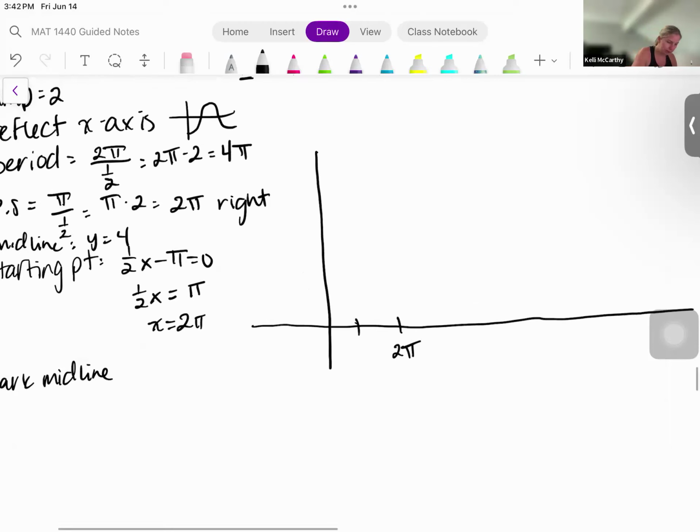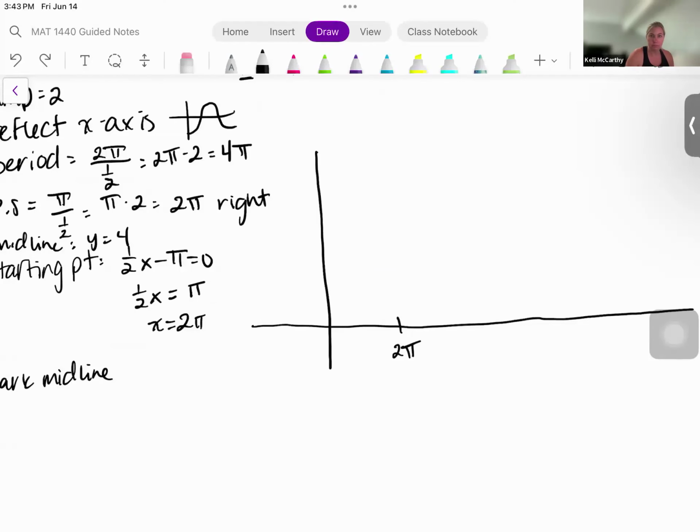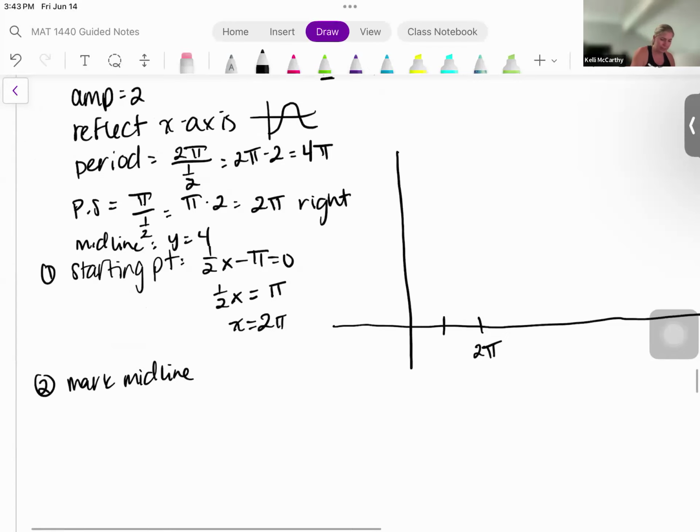Sometimes we end up having to adjust our grid when we get there. So there's 2 pi. That's going to be pi. Our midline is going to be 4, so I'm going to scale this a little bit more narrow. There's 4 and mark that midline.